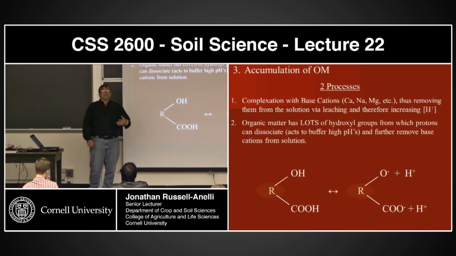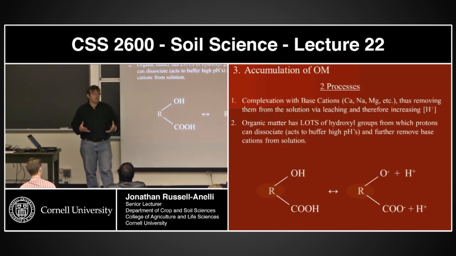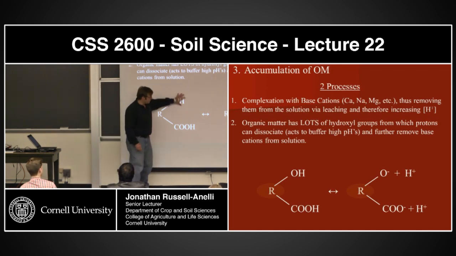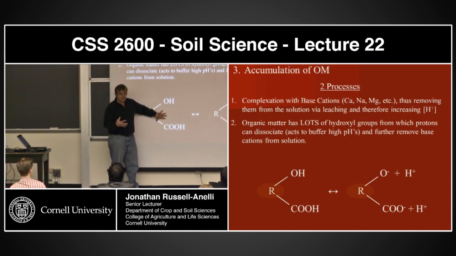All right. The next one is actually the accumulation of organic matter. Now, this is a two-step process, but you have to sort of think about this. And this actually goes back to that slide that I had with the colloids in the soil solution. First is you start putting these organic molecules into the soil. And remember I was talking about pH-dependent charge and all that kind of stuff? Well, this is a charged molecule.